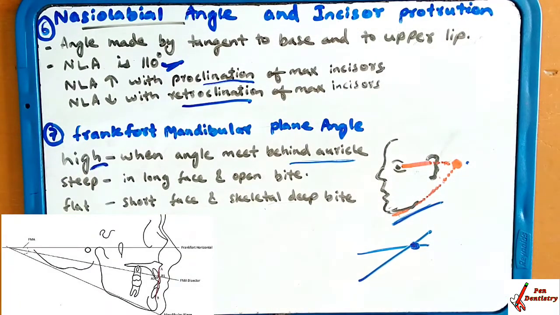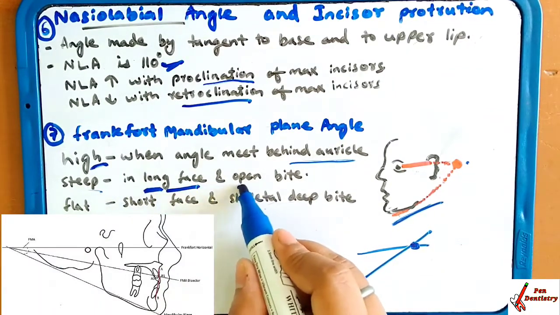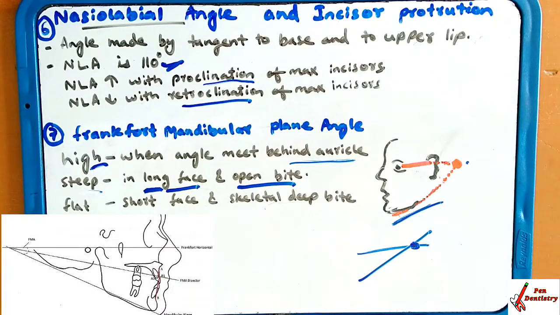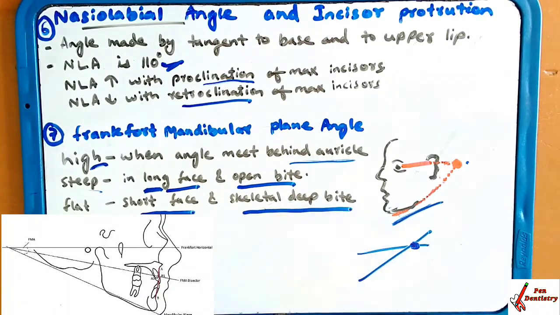The angle will be steep when the face of the patient is long or an open bite is present. As you can see in the picture, the angle is steep when the patient has a long face or an open bite. And in flat Frankfurt mandibular plane angle, the short face person or the skeletal deep bite person is going to have a flat plane angle.